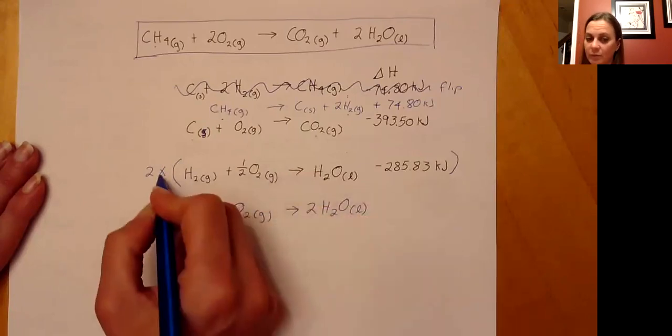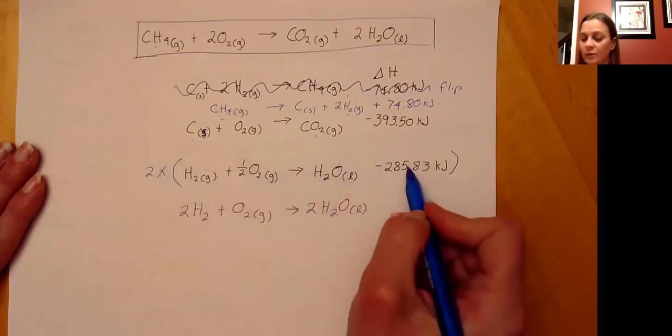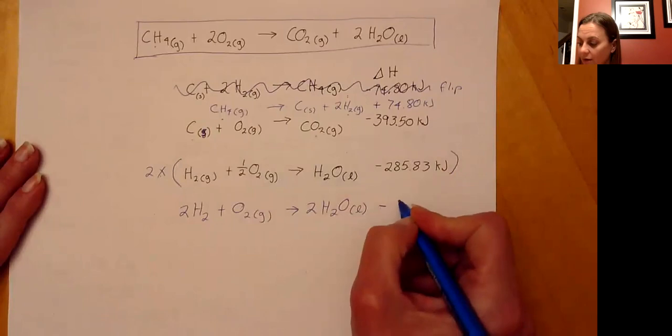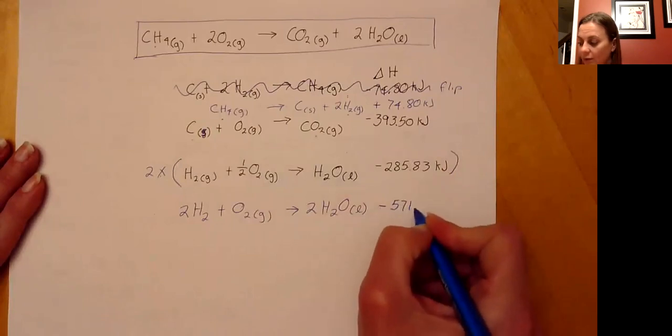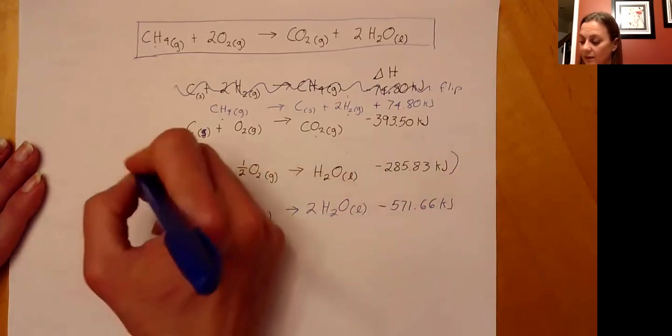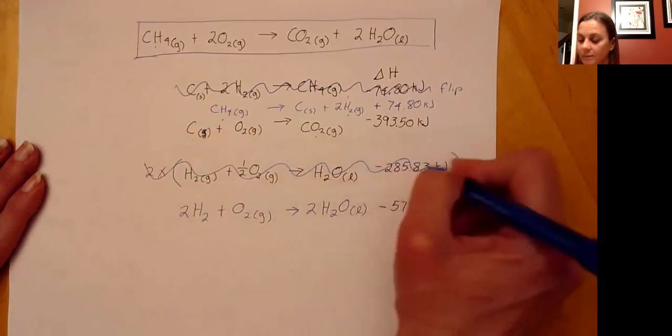And because I'm multiplying the whole reaction by 2, I'm also going to multiply the delta H by 2. So this is going to become negative 571.66 kilojoules. And once again, I'm just going to draw a line through this.